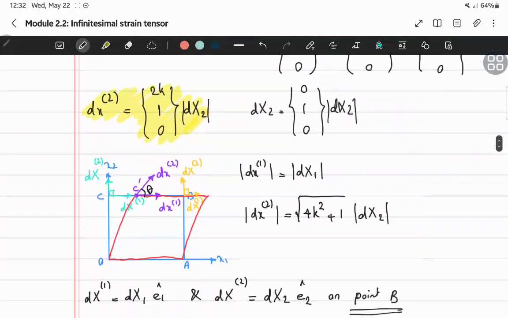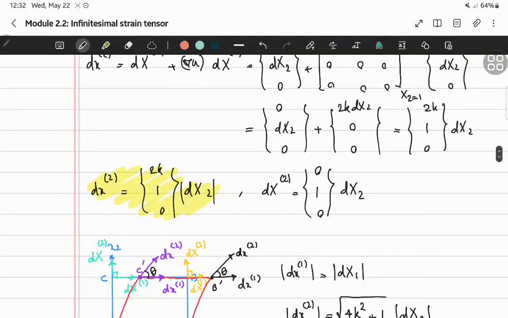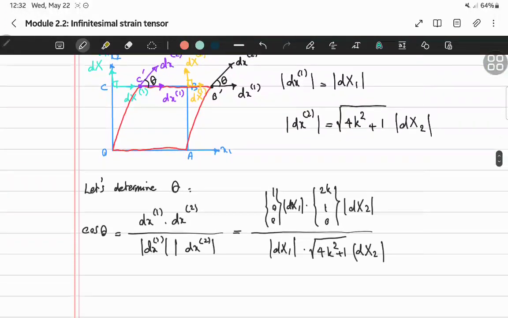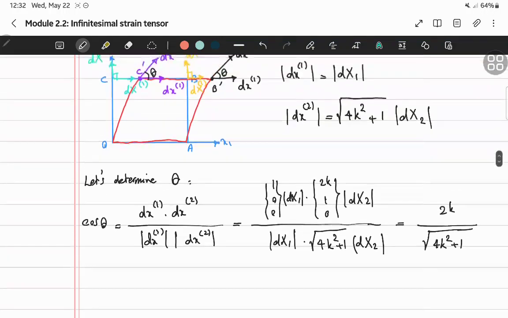I hope that I corrected everything. Finally, if we get rid of the dx1 and dx2 magnitudes, what we get is 2k divided by the square root of 4k squared plus 1. This is the angle theta between these two vectors.